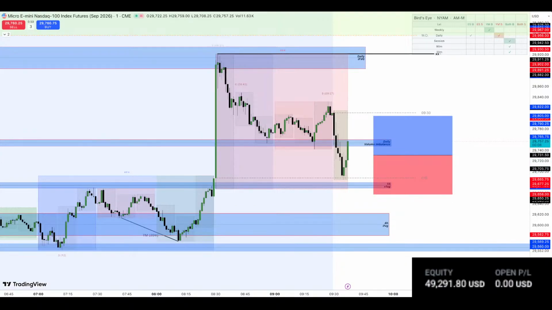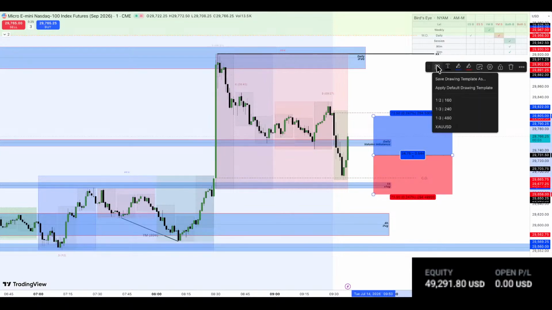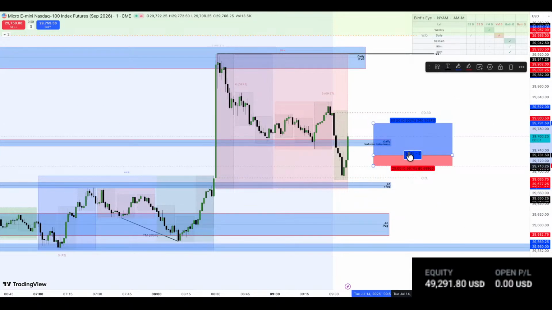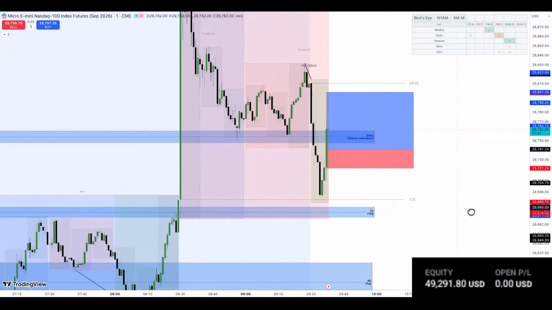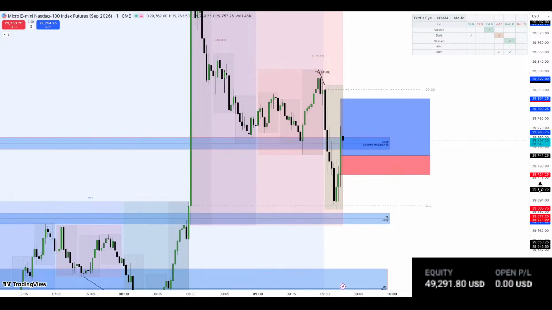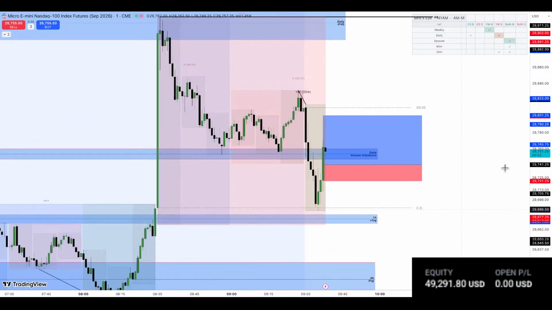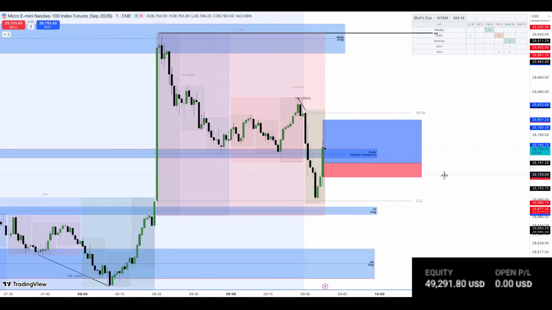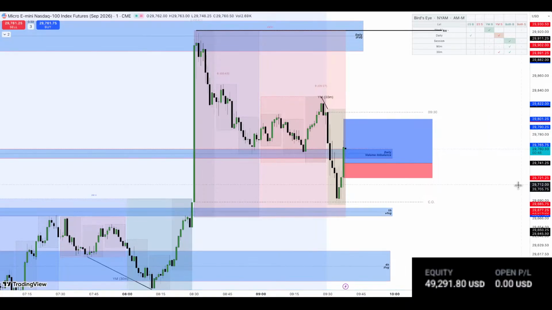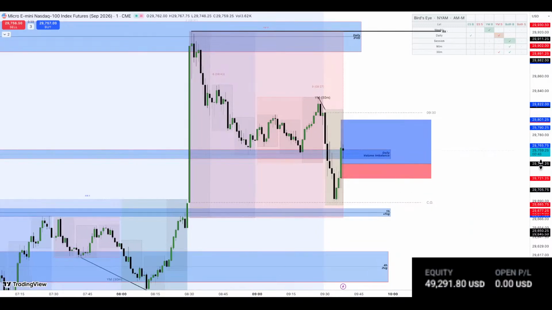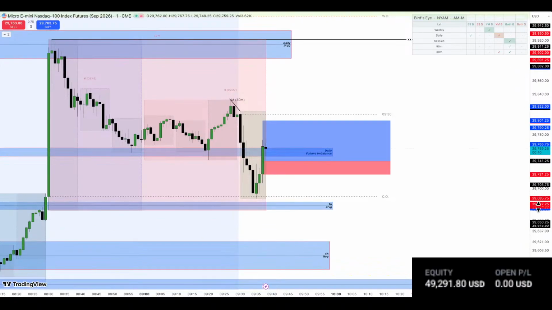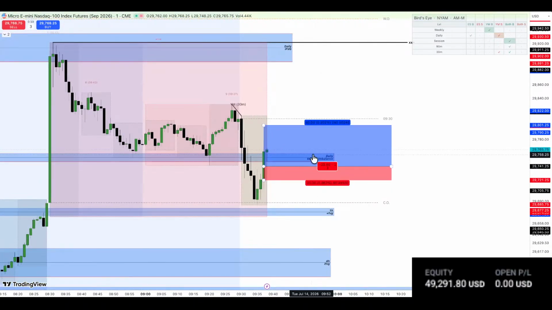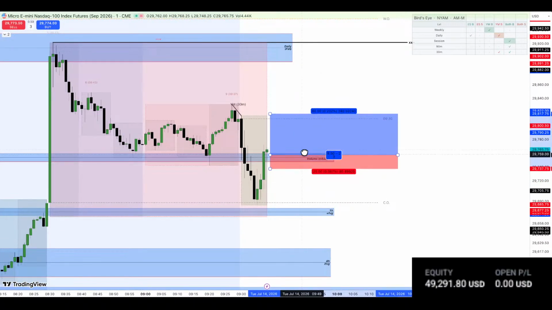The volatility is quite strong actually today after the CPI.